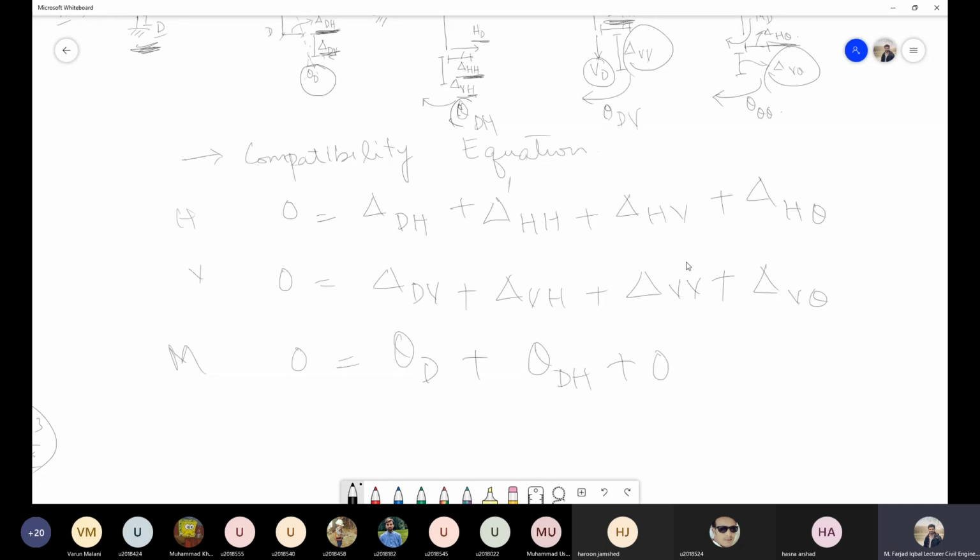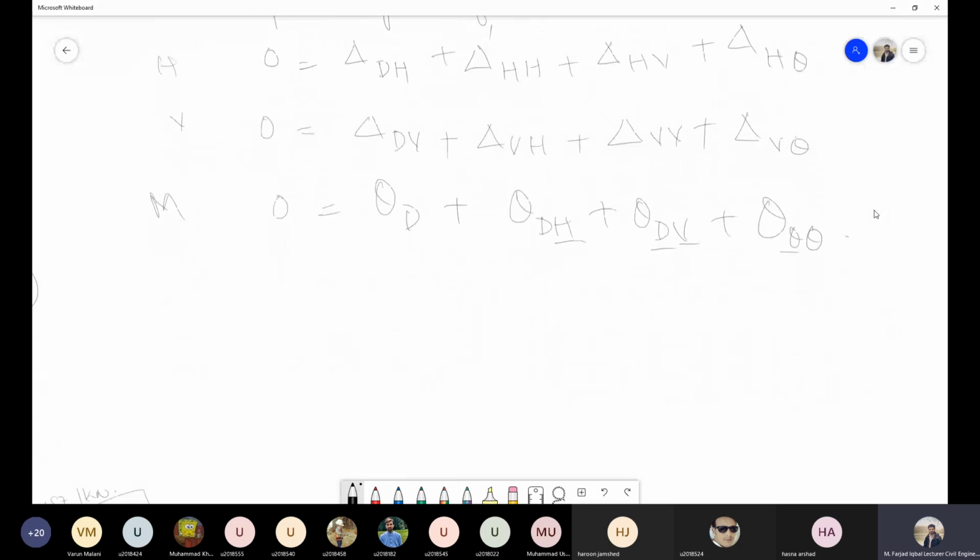So in this structure, we have theta DV. And in the last one, we have theta theta. Theta DH means the rotation at point D due to the horizontal load. This is the rotation at point D due to the vertical load, and this is the rotation at point D due to the movement that we have applied.